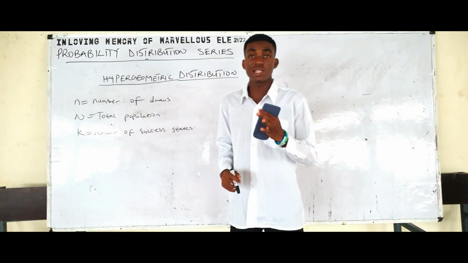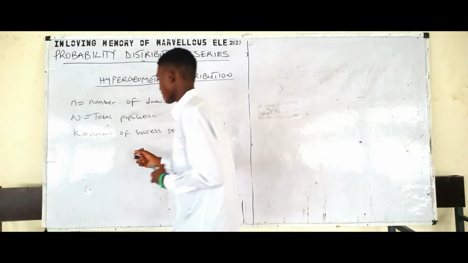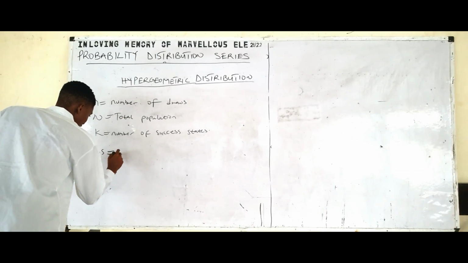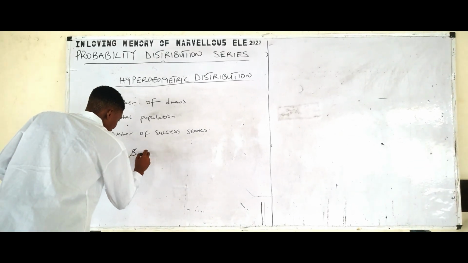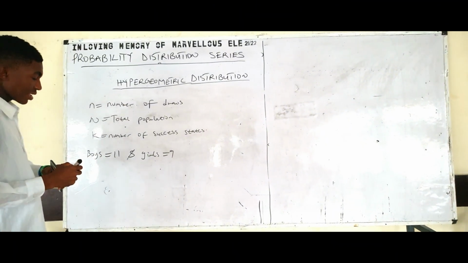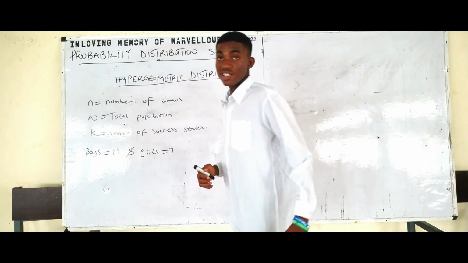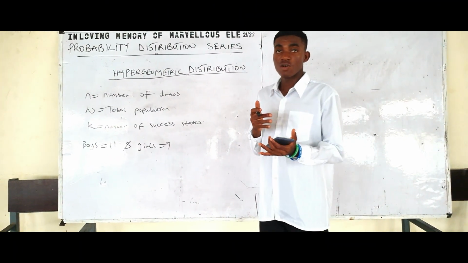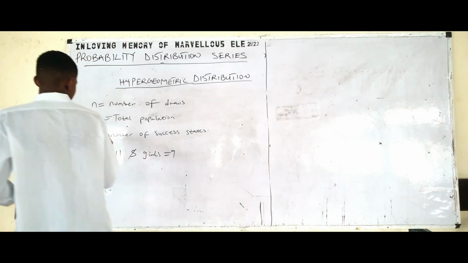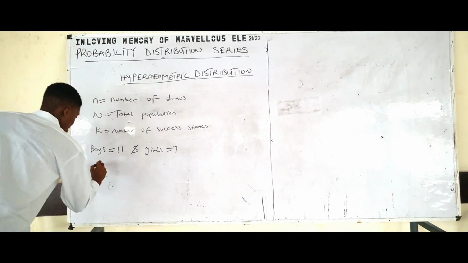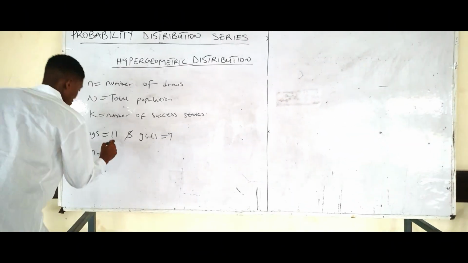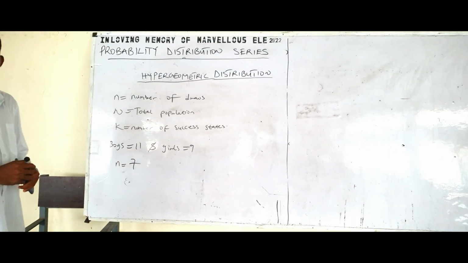In a class of 20 students, 11 are boys. So boys equal 11 and girls equal 9. Out of these 20 students, 7 were drawn for a competition.